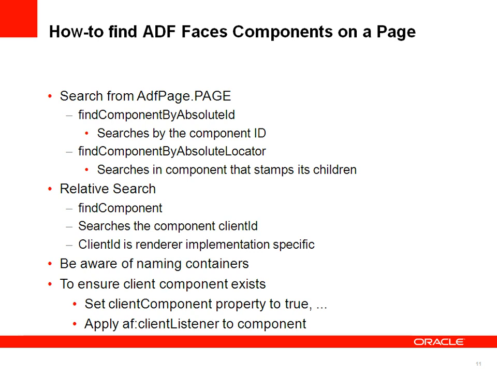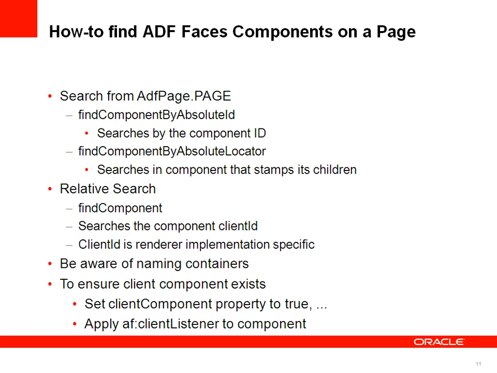To enforce a client object to exist, you either set a client listener, and we'll talk about client listeners in a second, or you set the component's client component property to true. Now this property is only available in ADF Faces because that is part of the ADF Faces client architecture. So one of the two must be true for the object on the client side to exist. If none of this is set, then the client object most likely doesn't exist. So you want to make sure that the object really exists.